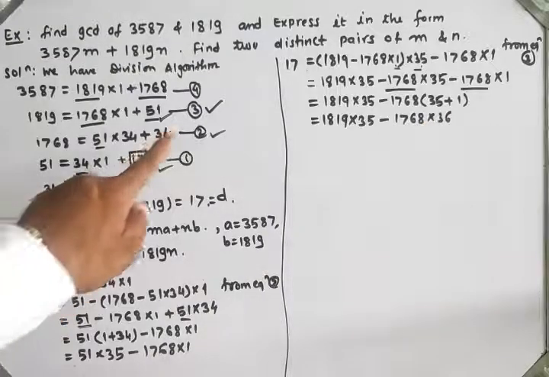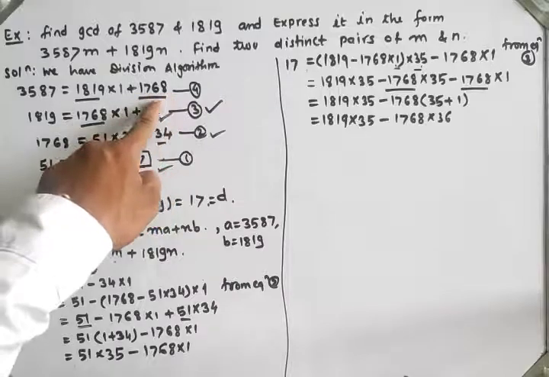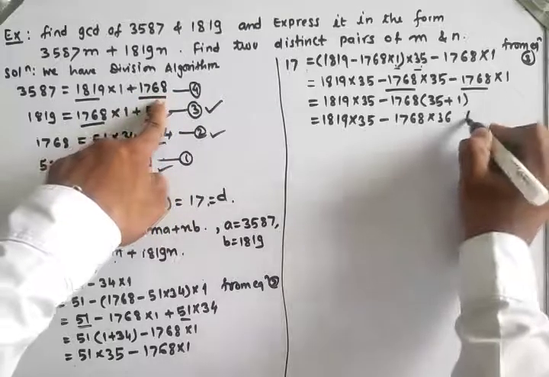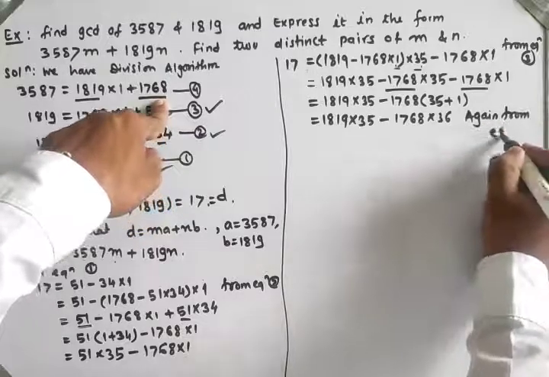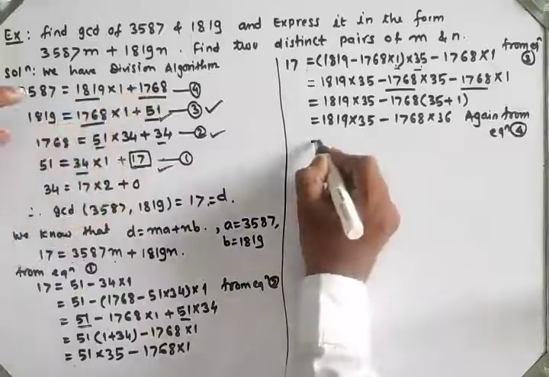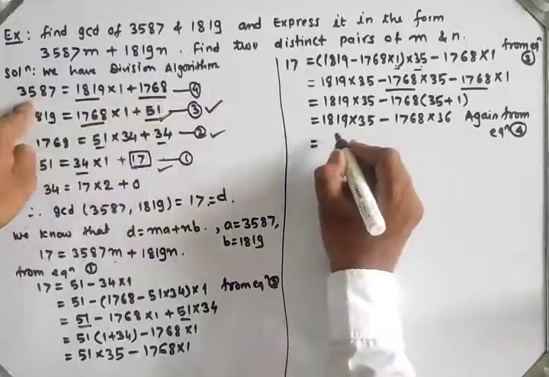Now again I will use equation number 4. What value can I use? 1768. So again from equation 4, what will we get? The value of 1768 is 3587 minus 1819 into 1.